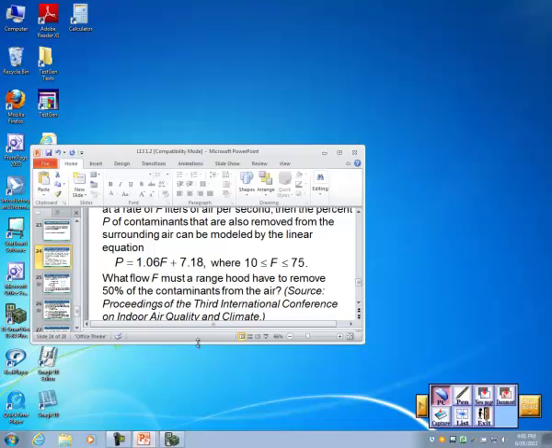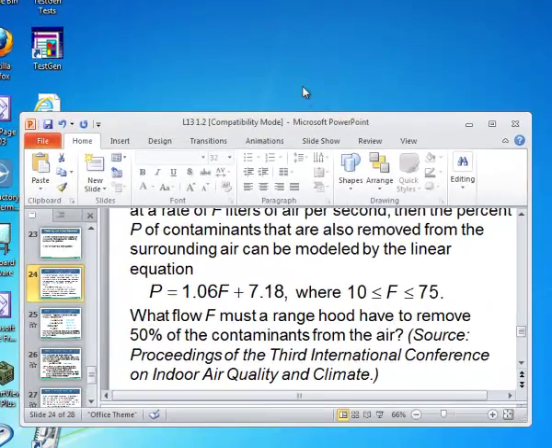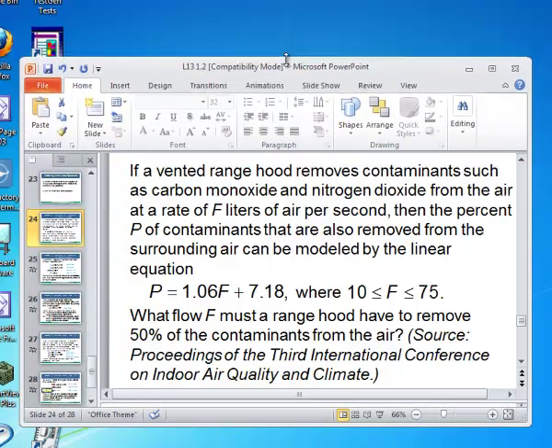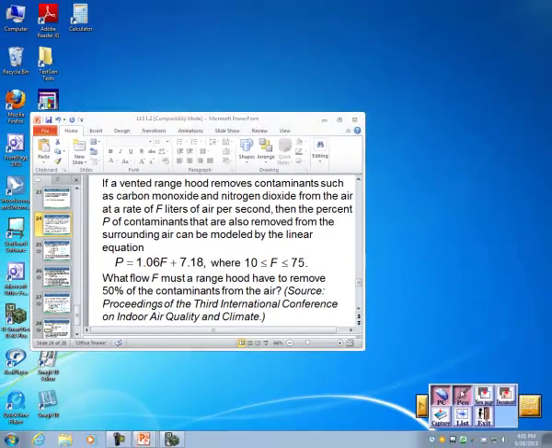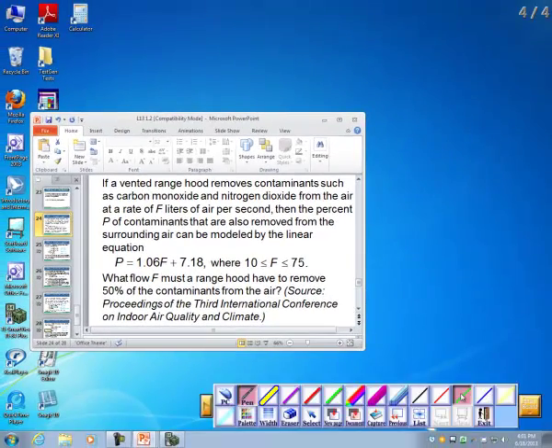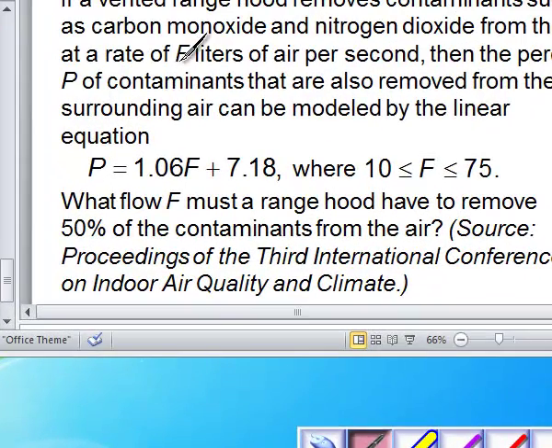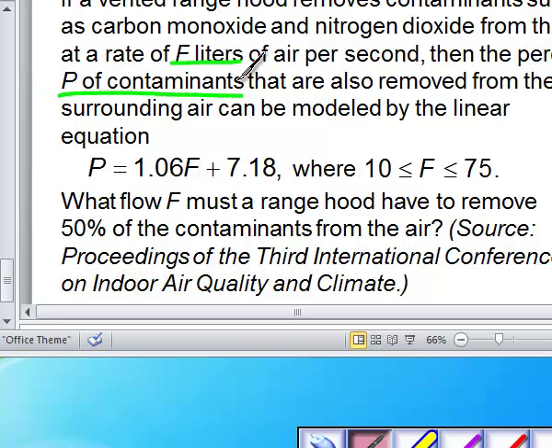Let me make this a little bigger. All right, so we have, if a vented range hood removes contaminants, we have F liters per second and the percent P of contaminants.